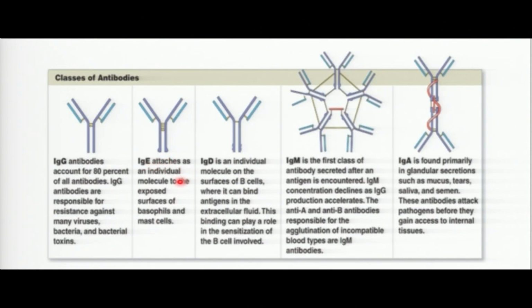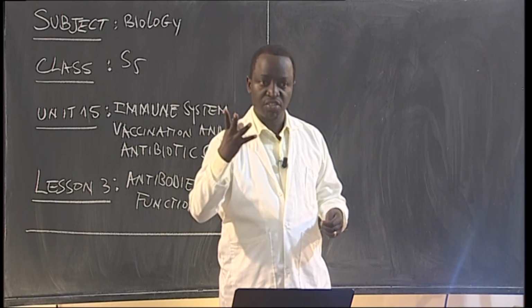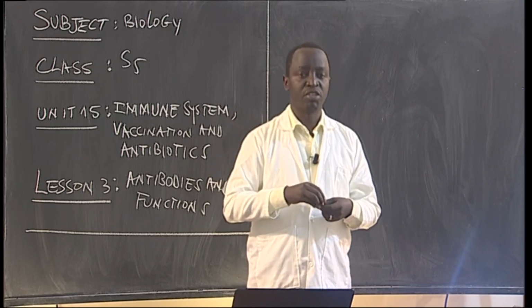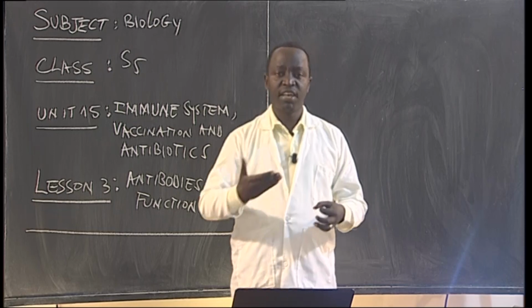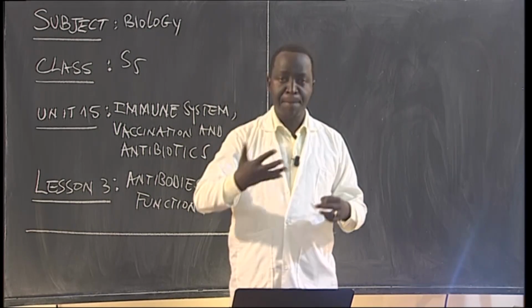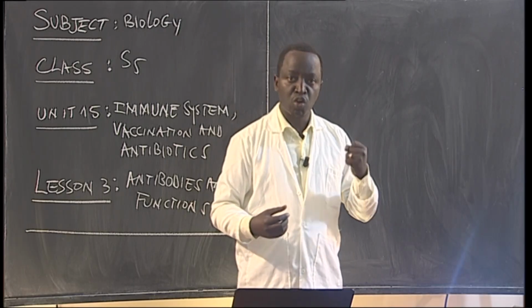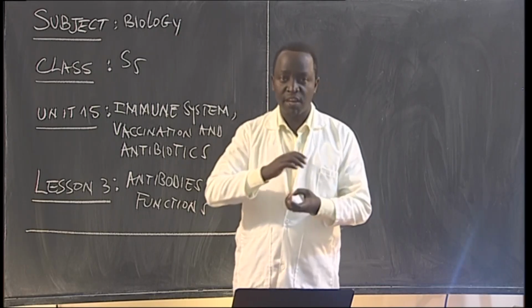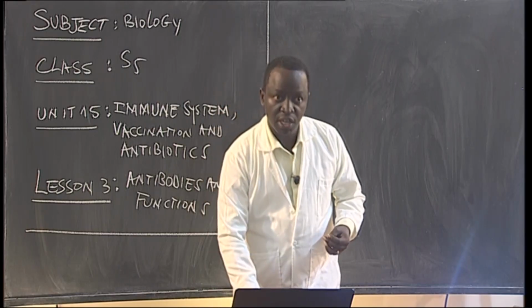We also have this IgE. This is attached as an individual molecule to the exposed surface of basophil. Remember, among the types of white blood cells we have basophil. We also have what you call mast cells. Actually, those are the cells that are involved in the immunity of our body. So immunoglobulin E is found on the surface of basophil, just to ensure the protection of our body.